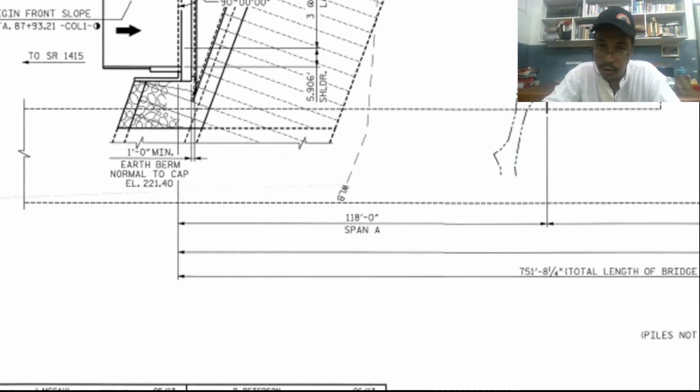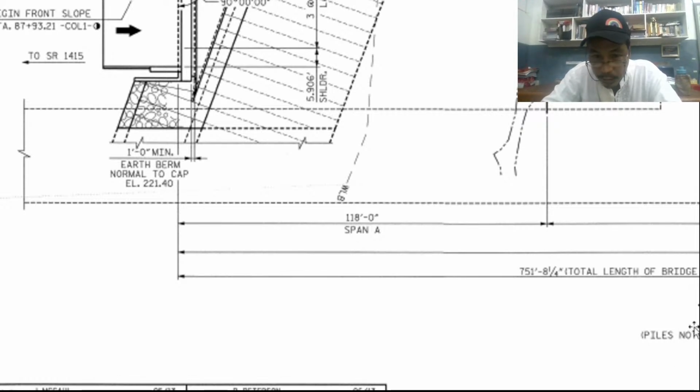Imagine that, 229 meters. Imagine 100 meters, very long because we have the 100 meter dash. The 100 meter dash is very long. No? And this is 229 meters. Imagine that, the total length of this bridge.